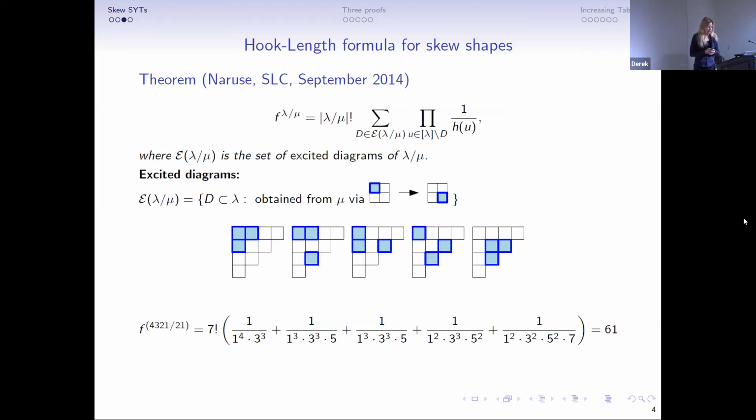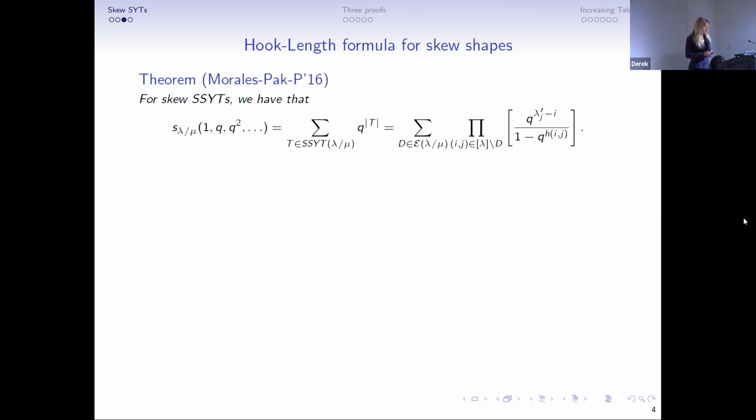Okay, so the question is, how do we actually prove this? Because when we saw this, there was no proof, and how do we actually generalize it? So here are the two answers. One way to generalize standard Young tableaux is if we put in a q and we evaluate a Schur function.